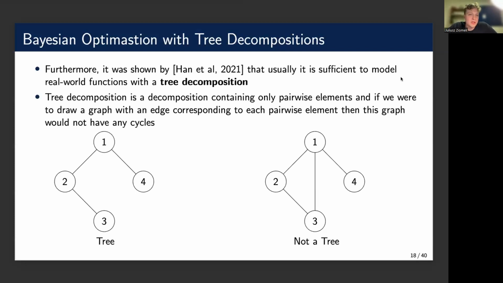So for example, the graph we show on the left is a tree, doesn't have a cycle, and the graph on the right does have a cycle. If we construct a decomposition where each node is a dimension and each edge is an interaction term between those dimensions, then the graph on the left would correspond to what we call a tree decomposition, and the graph on the right would not.